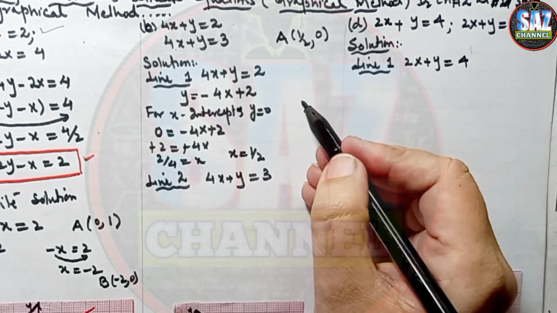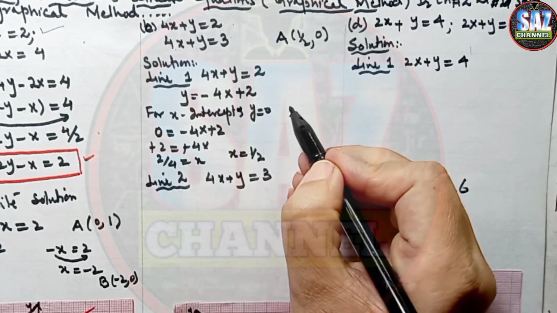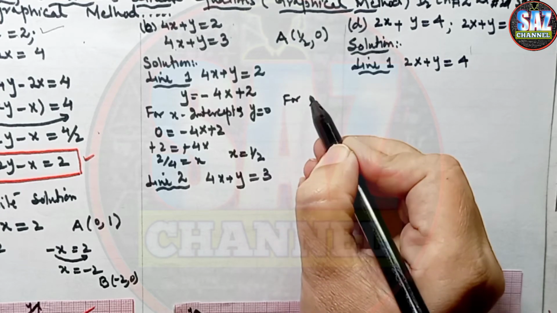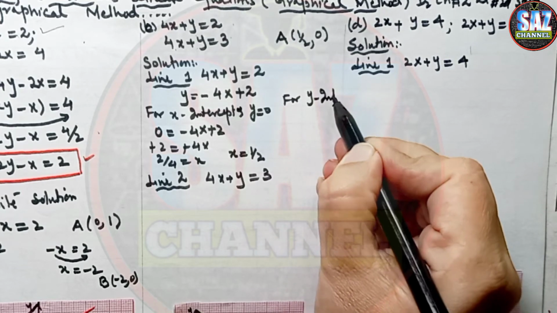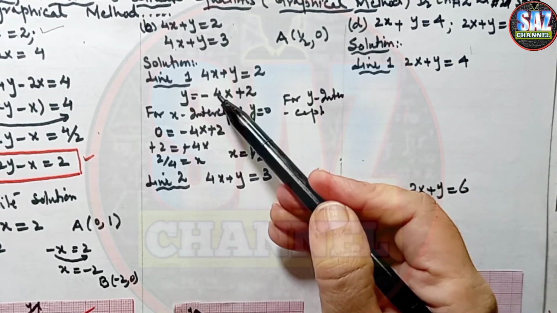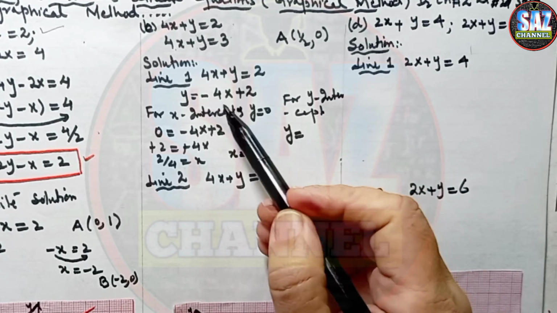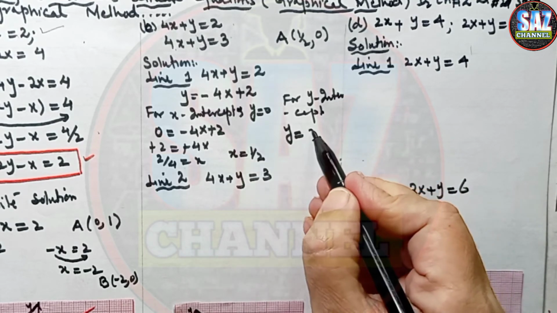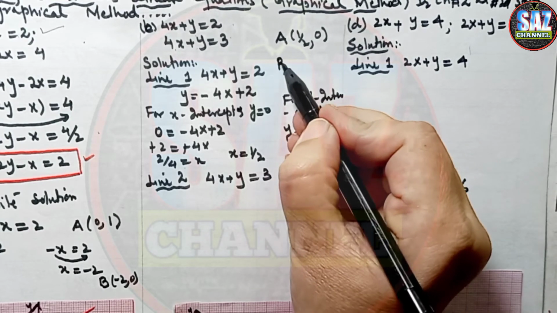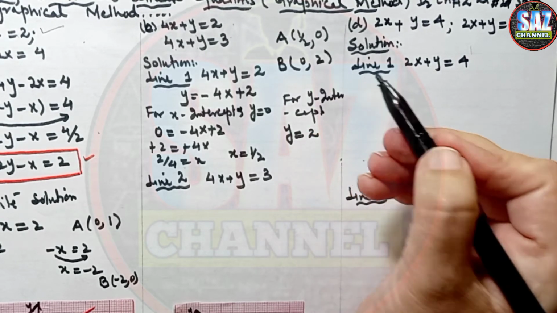Coming to the second point, for that we have to find the y-intercept. For the y-intercept, I have to put x equals 0, and when I'm putting x equals 0 over here, this term will become 0 and my y value will be 2. So the second point, B, will be (0, 2).